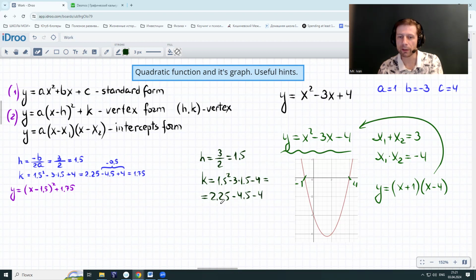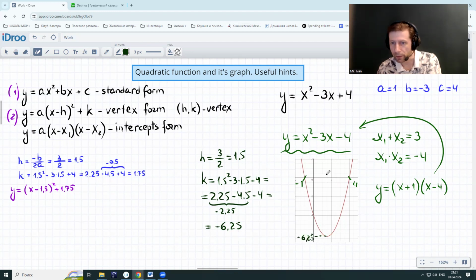And now it's better to combine these two, because 2.25 is exactly half of 4.5. So it becomes negative 2.25. And eventually we get negative 6.25, which is precisely this value. Negative 6.25 and 1.5 is somewhere there, okay?